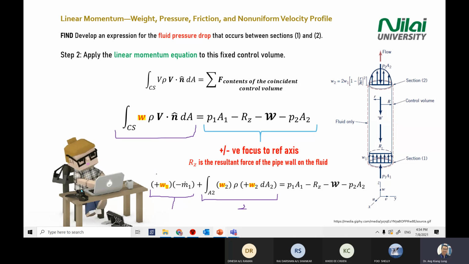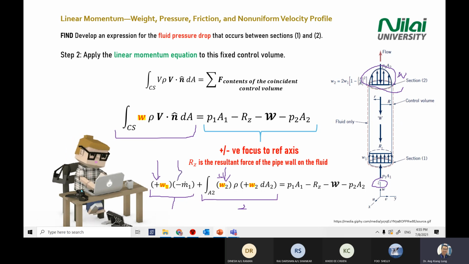Before you continue, you should know the positive direction. Your W1 is positive because it's going in and along the Z-axis. Here also, W2 is positive because it's flowing out. This is your W2, and it goes along the Z-axis. That's why it's positive.